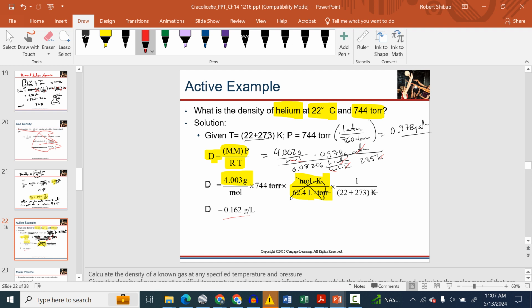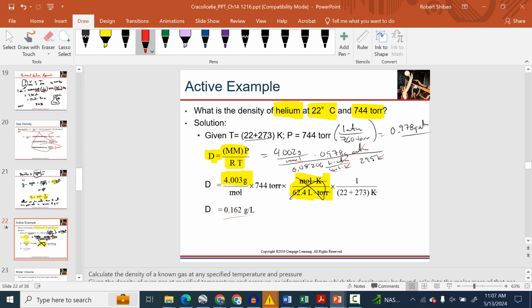Let's see if we get the same. So 4.002 times 0.9789 divided by 0.08206 divided by 295.